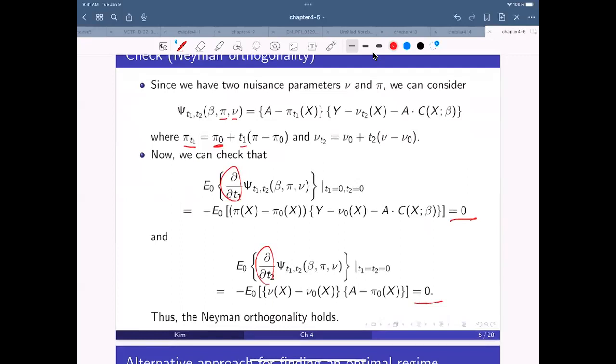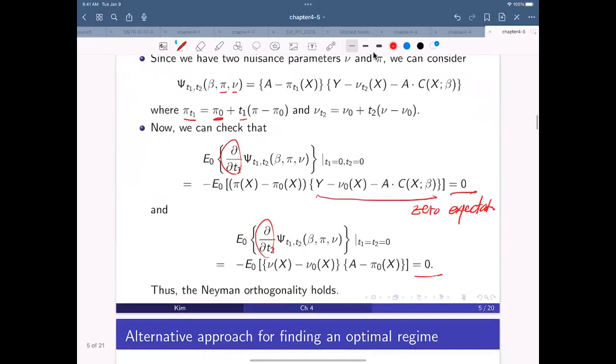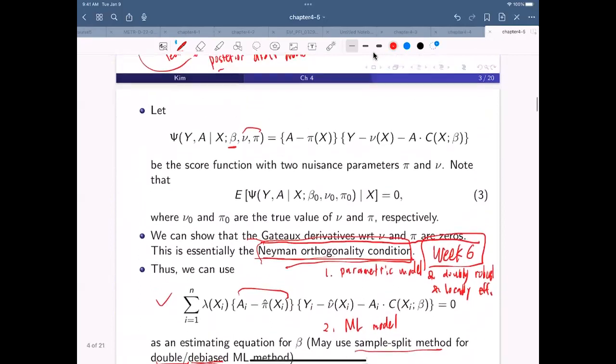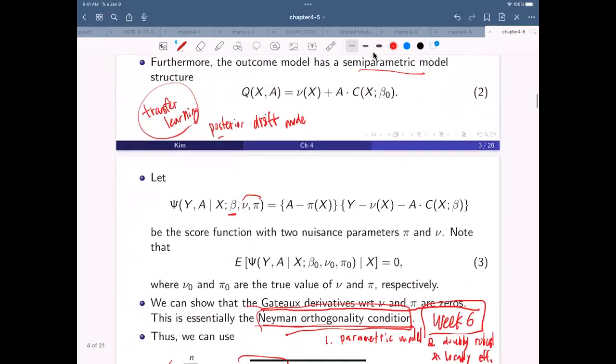With respect to T1, because this is zero, we use zero expectation. And then here we use zero expectation. So that basically shows that the Neumann orthogonality holds, and so this G estimation method satisfies this double robustness.